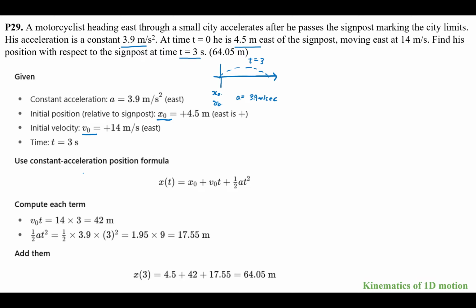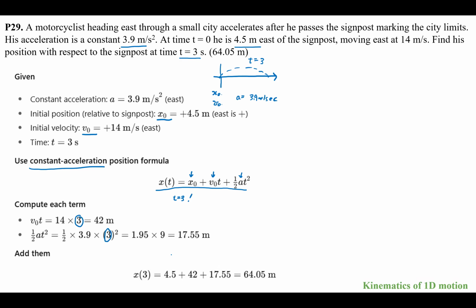And then we have to use, once again, the constant acceleration position formula, so that x is given by this one. We know what x0 is, we know what v0 is, and we know what a is. And then we just plug in t equal to 3, okay?